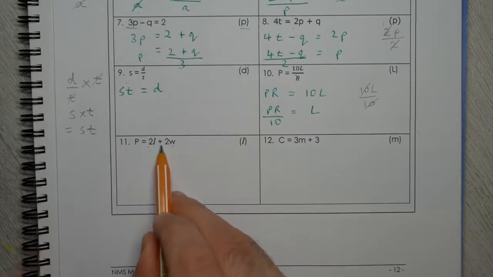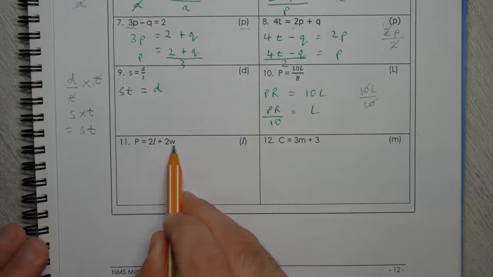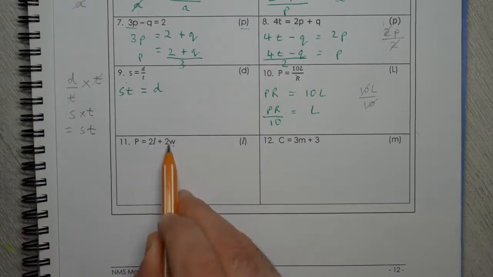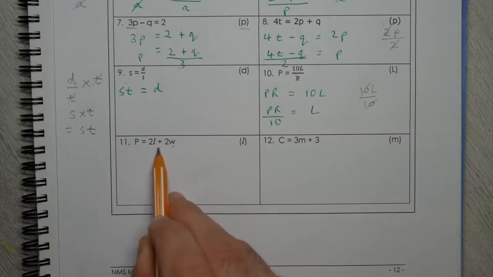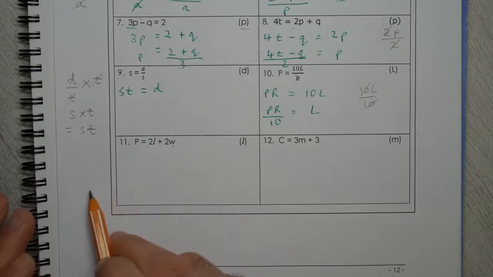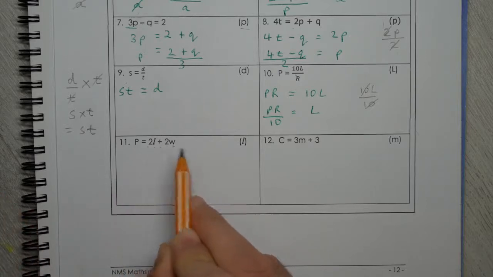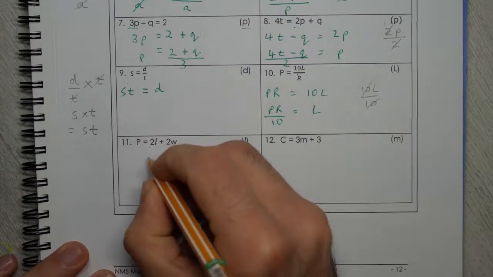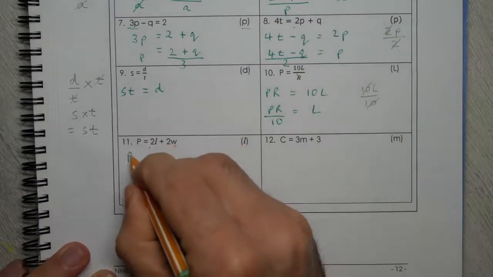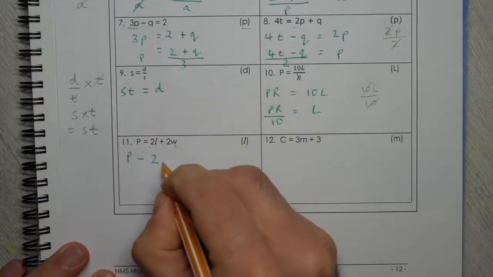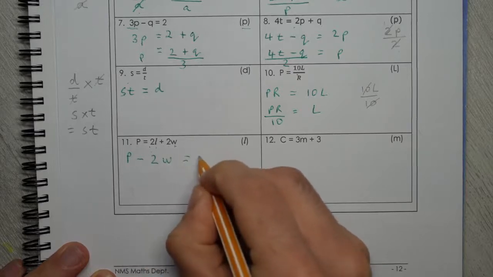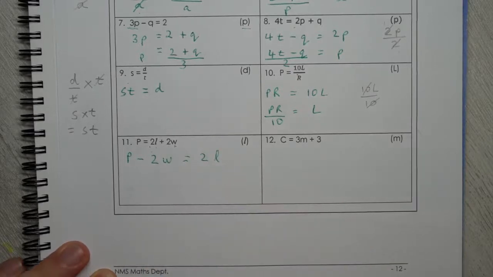So I'm going to remove 2W by subtracting, the inverse operation. If it is attached with the term 2L with a plus, it will become minus. If it is attached with a minus, it will become positive on the other side. So we have P minus 2W is equal to 2L.